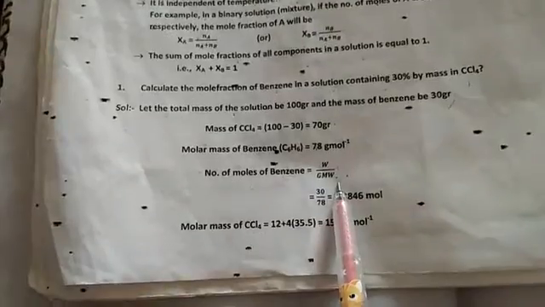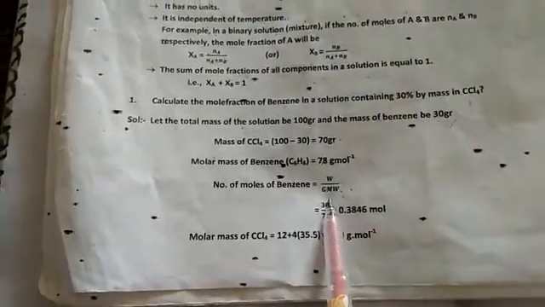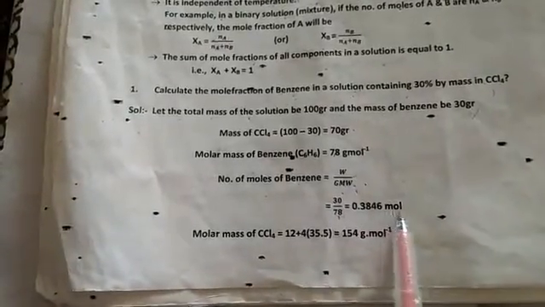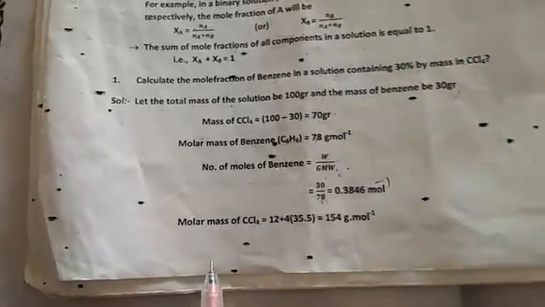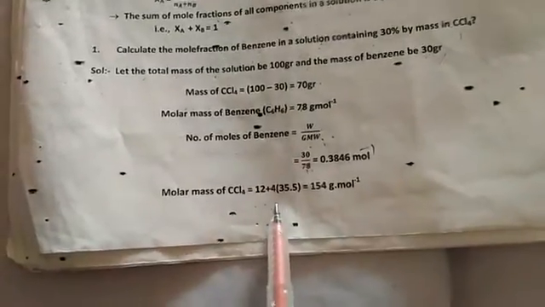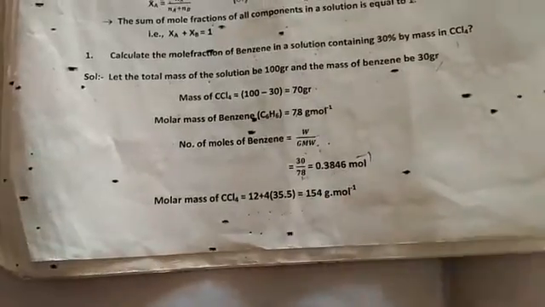Number of moles equals weight by gram molecular weight. Weight of benzene 30 grams, 30 by gram molecular weight of benzene 78 equals 0.3846 mole. Molar mass of CCl4, carbon tetrachloride, carbon 12 plus 4 into chlorine 35.5 equals 154 gram per mole.